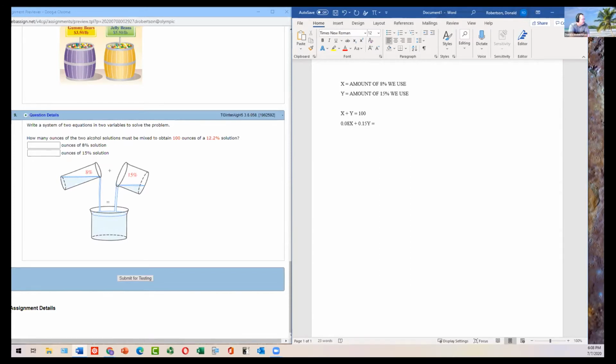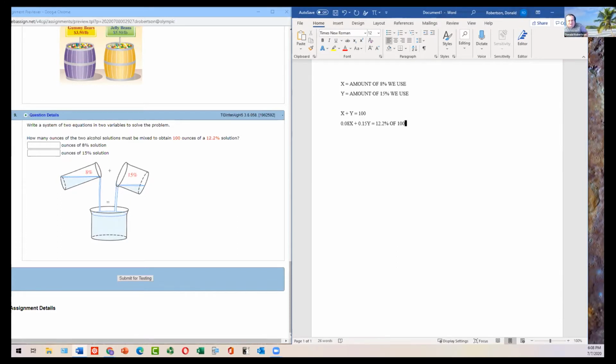It's going to equal 12.2%. Well, that's not 12.2%. It's actually 12.2% of 100.